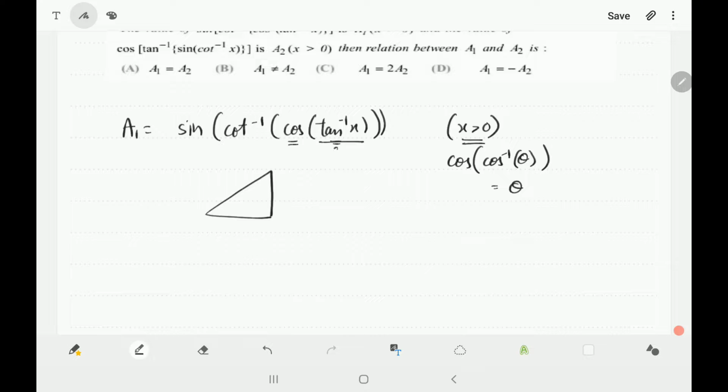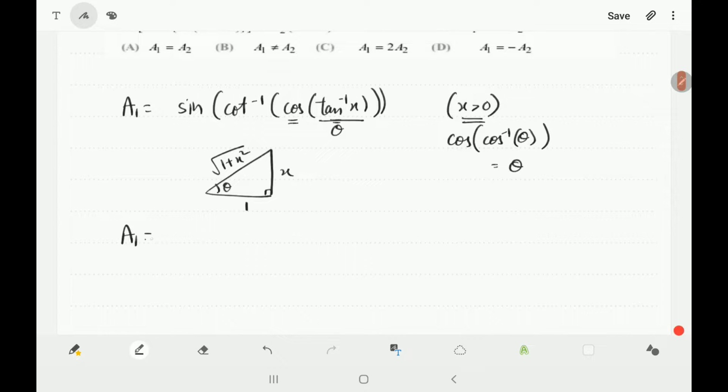Let's consider tan inverse x as theta. So if this is theta, this side will be x and this side will be 1 and this side will be under root of 1 plus x square. Now we will have a1 is equal to sine of cot inverse cos of, in place of tan inverse we'll be writing cos inverse of 1 upon under root of 1 plus x square.